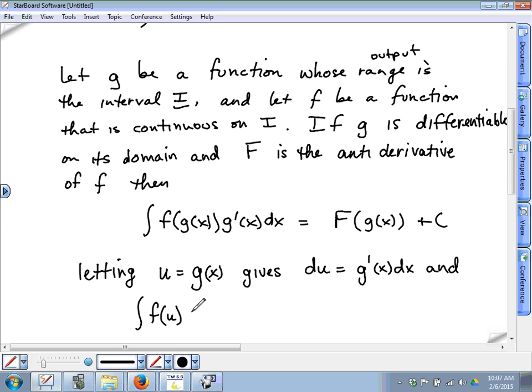This is what's known as U-Substitution. I know it's hard to make sense of symbolic math expressions, so once we start using this with actual problems, it'll start to make more sense.